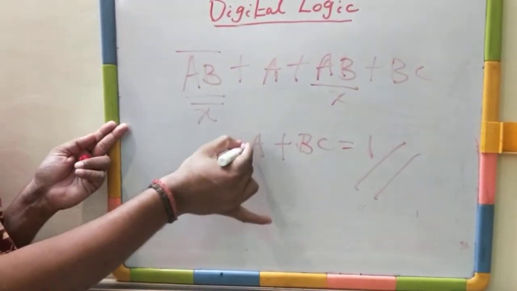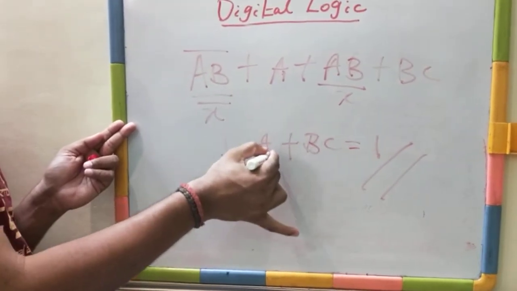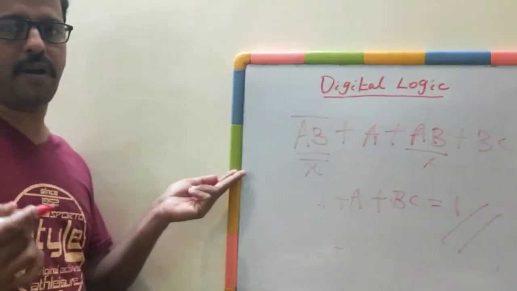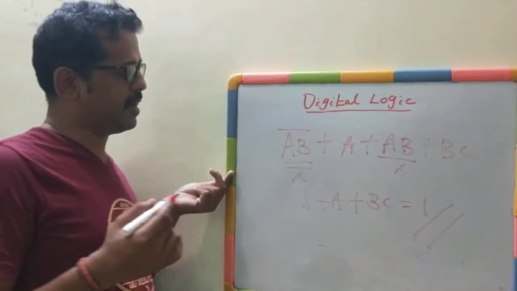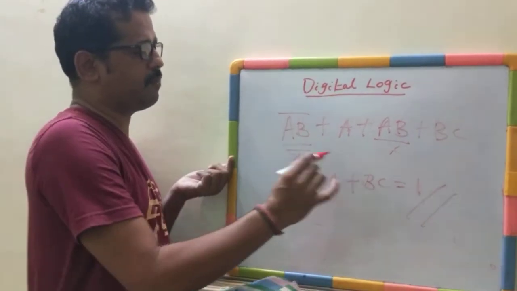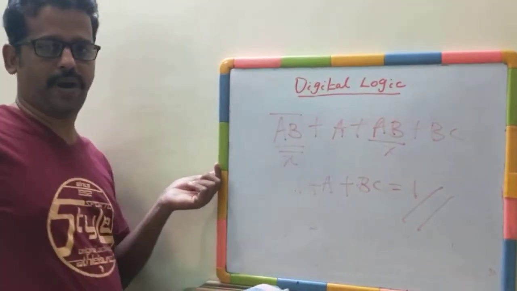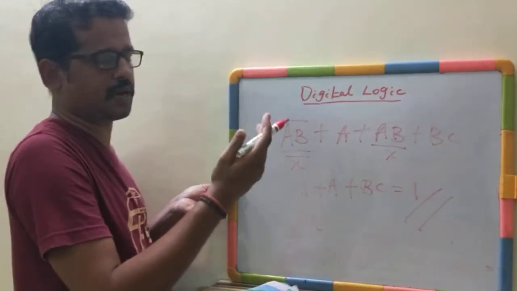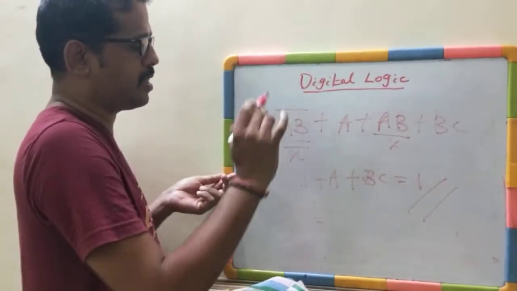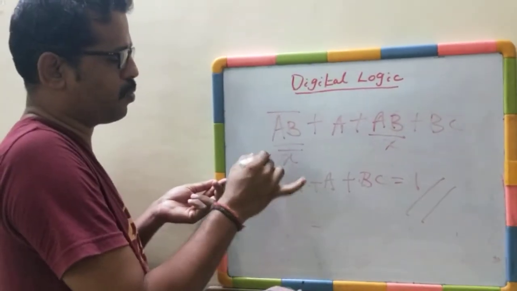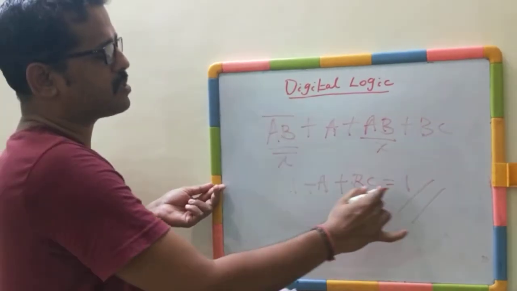The remaining literals are written as they are: 1 plus A plus BC. By the law of identity, 1 plus the rest of the expression becomes 1, so you need not bother about the other terms. If the OR expression contains 1, then the entire expression becomes 1.